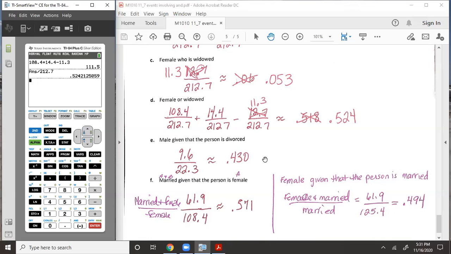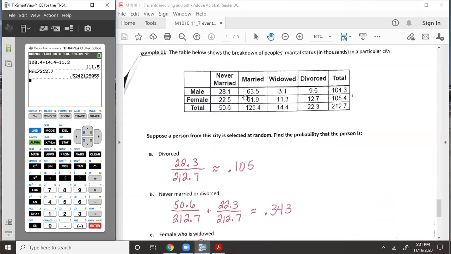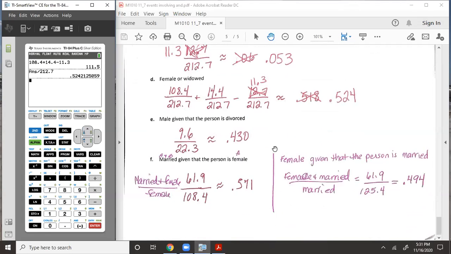And the number of males that are divorced is 9.6. So the probability that the person is a male given that they're divorced is 9.6 over 22.3. And that's equivalent to 0.430.